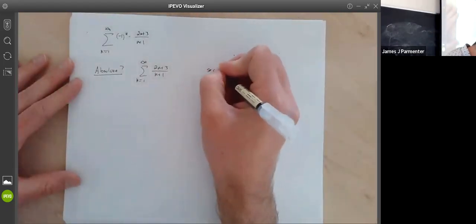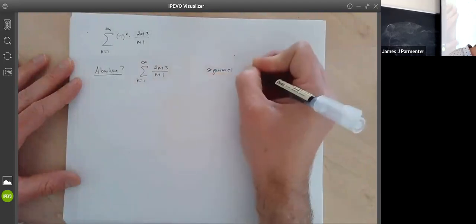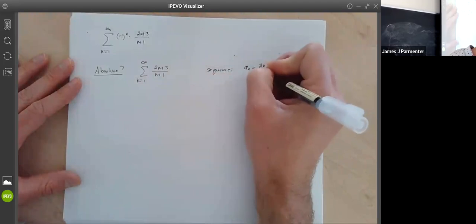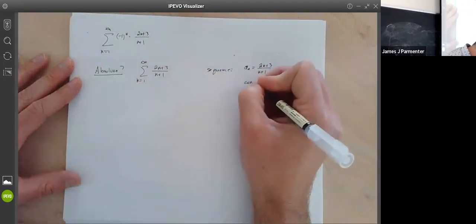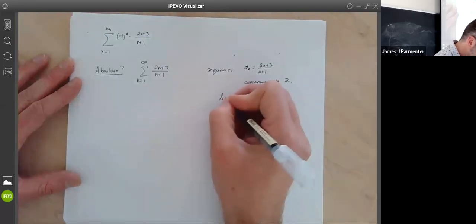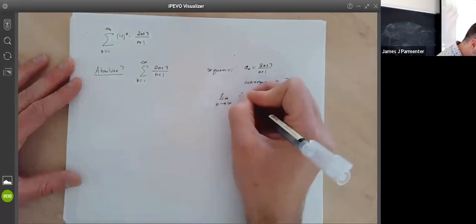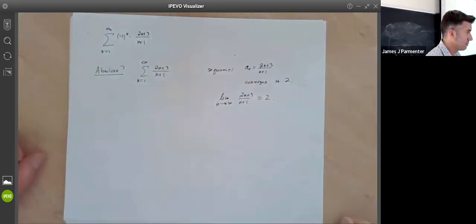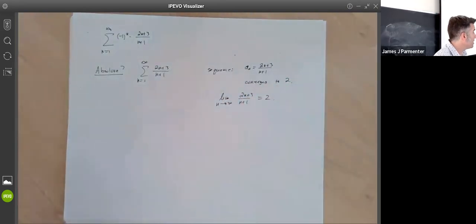The sequence a sub n equal to 2n plus 3 over n plus 1 certainly converges to 2, because the limit as n goes to infinity of 2n plus 3 over n plus 1 is equal to 2. What does that mean about the series?